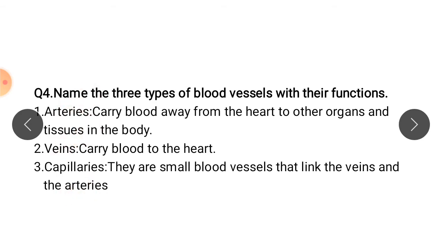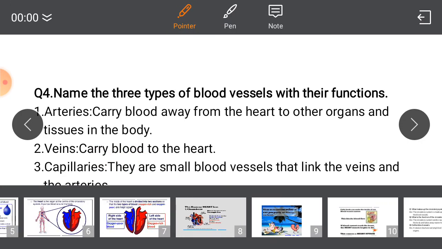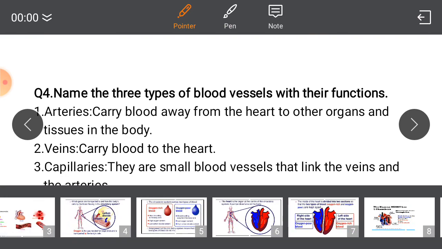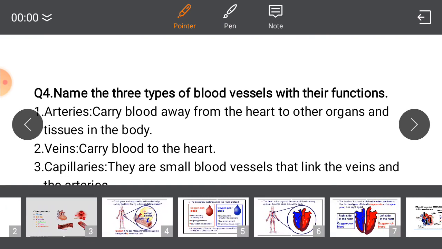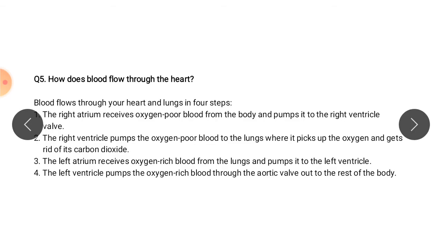Arteries carry blood away from the heart to the organs and tissues in the body. Veins carry blood to the heart. Now capillaries: they are small blood vessels that link the veins and the arteries.